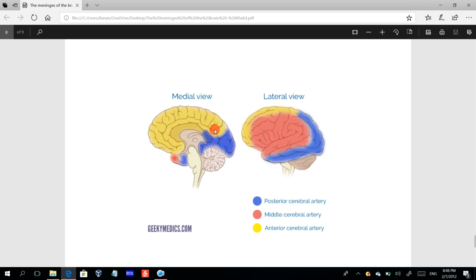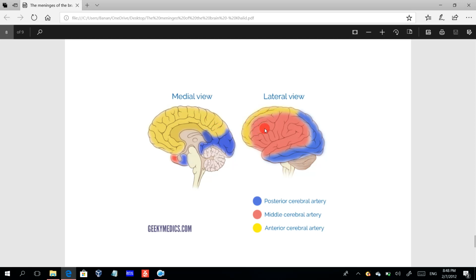You see the medial, mainly the medial part of this part. This is the parietal and the frontal lobe, the medial part of the parietal and frontal lobe, and part, of course, here, just a small area of the upper cerebrum, supplied by the anterior cerebral artery.